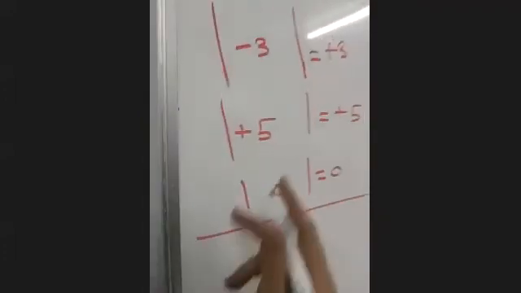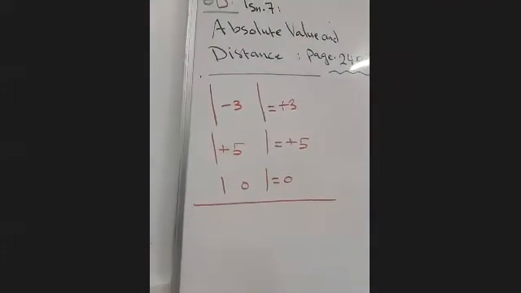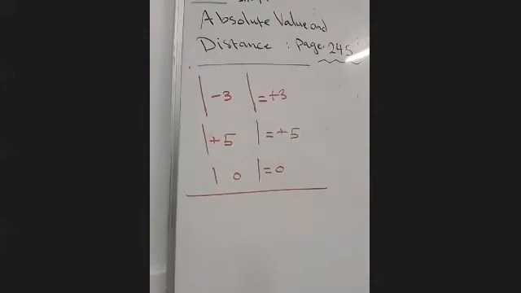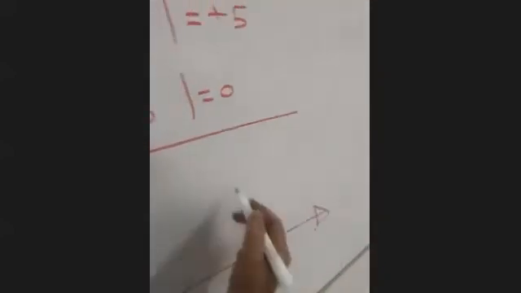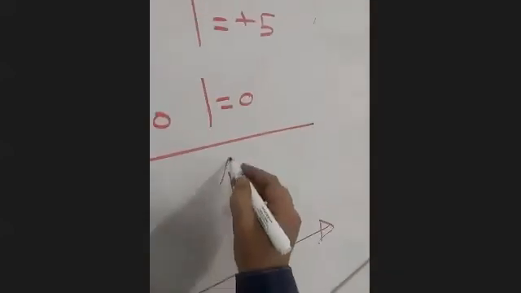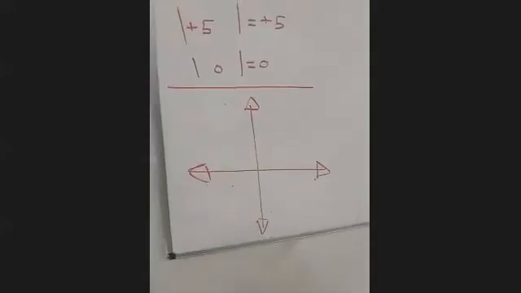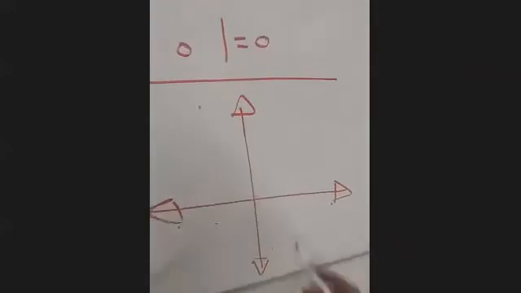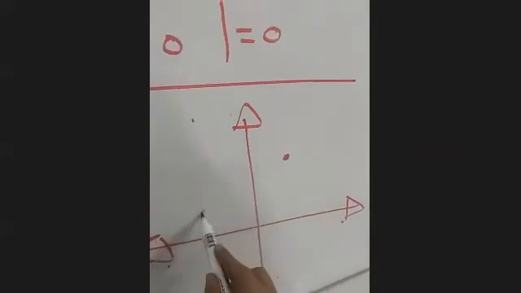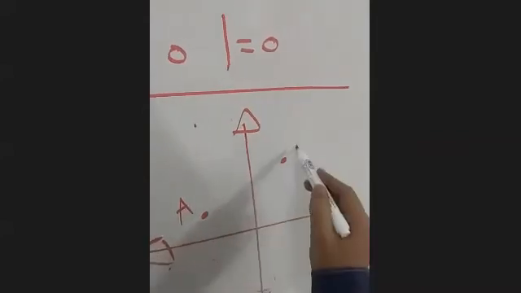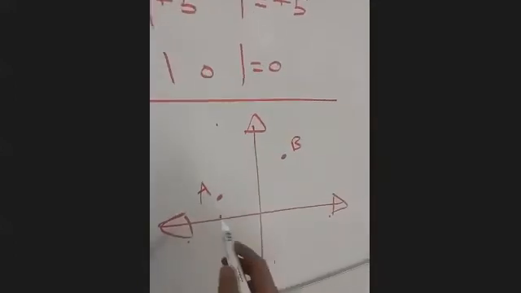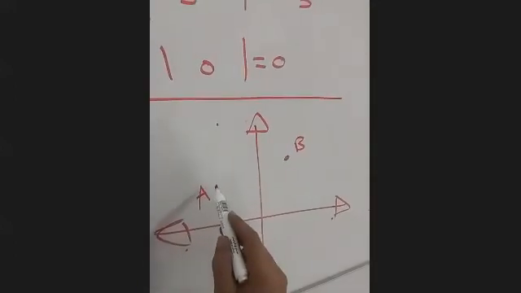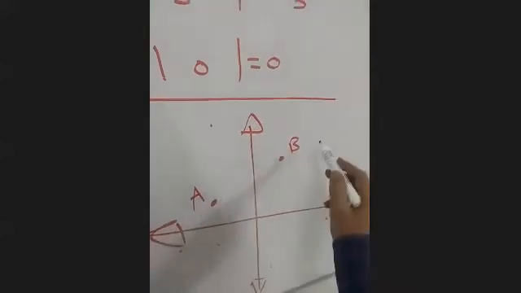Now the distance. Today we will calculate the distance between 2 points in the coordinate plane. We took the coordinate plane like this. For example, if we have a point here and a point here, I'll call this A and I'll call this B. A and B have coordinates x, y, x, y.